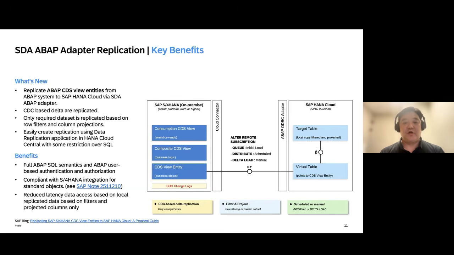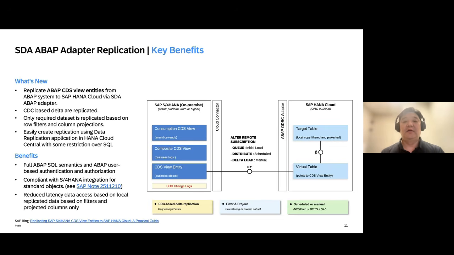Previously, there was another option to replicate data from an ABAP environment using RTR, which replicates the underlying HANA database as the source system to HANA Cloud based on log-based transactions.